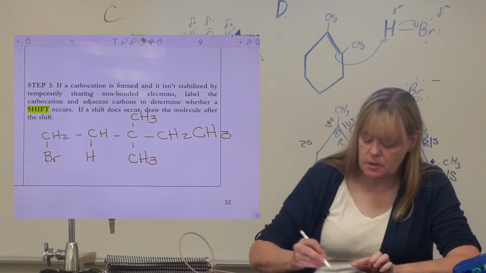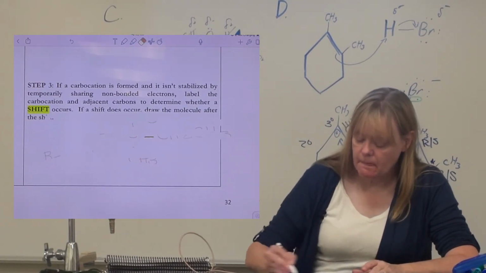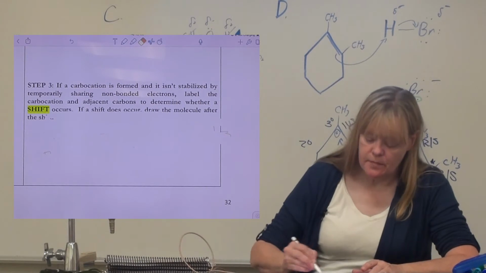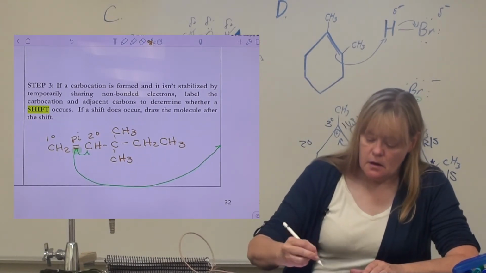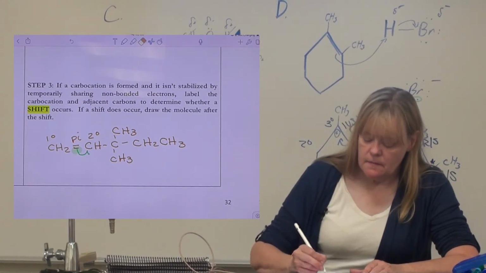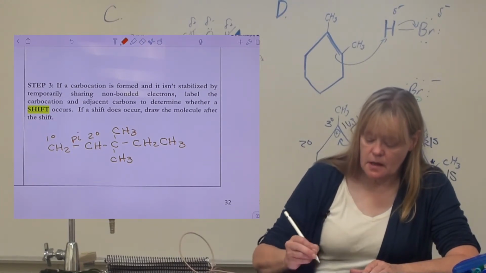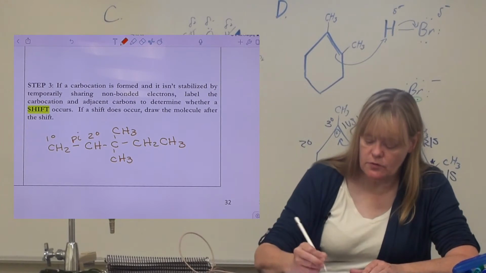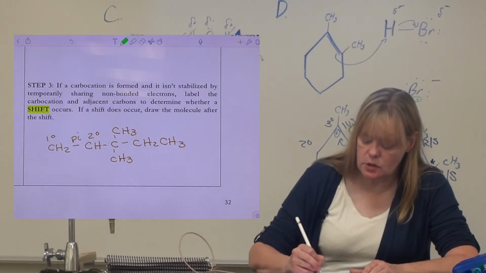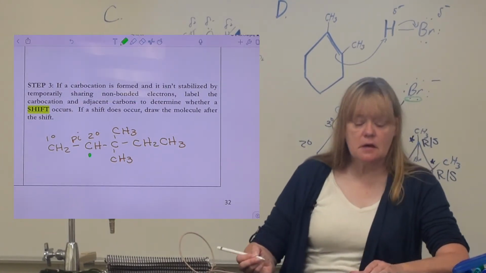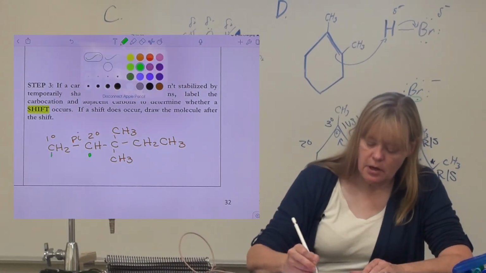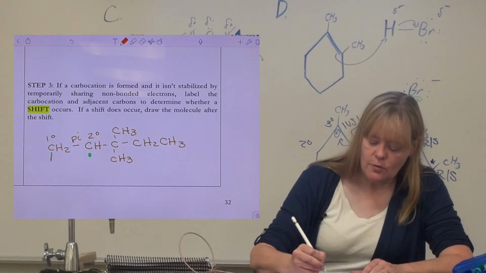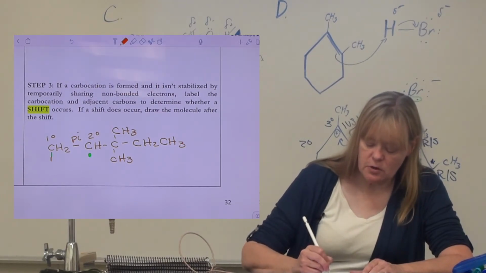And I'm off a step here. Okay, so since I moved the one, or had the one electron left over, that's on this carbon. And then the other electron paired up with the one electron from bromine to form a new bond.